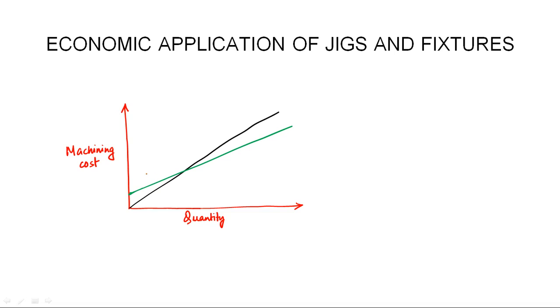But in that case, the initial investment, that is, the initial machining cost, will be much higher. But for a huge quantity of production, the total machining cost will be less. So there will be an initial investment, but the total cost will be less than piece production as well as batch production.